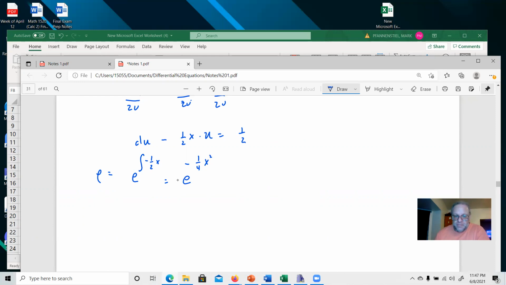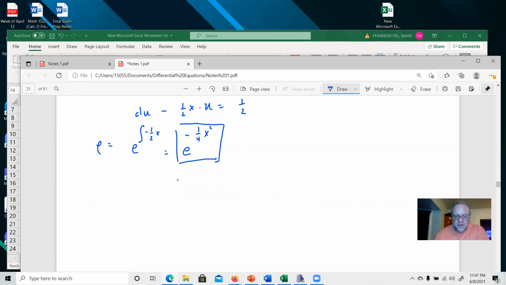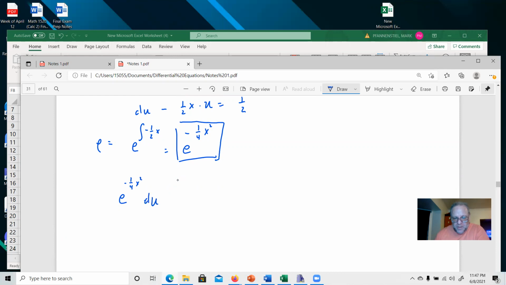So here's our integrating factor. We're going to multiply this through. So we have e to the negative 1/4 x squared times du, minus 1/2 x e to the negative 1/4 x squared times u. I hope you can see that if I took this derivative, we'd end up with the chain rule.